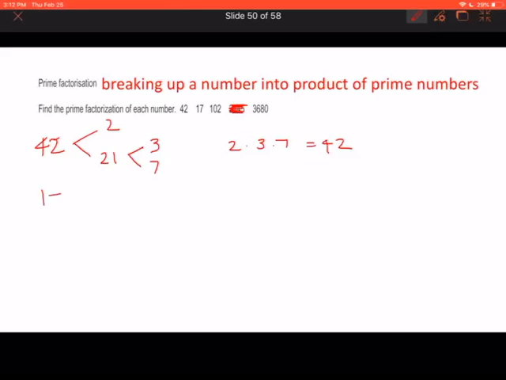For the number 17, it is 1 and 17. There are only 2 factors and it is a prime number. Then 102. It can be broken out as 2 times 51, and 51 is 17 times 3, right?